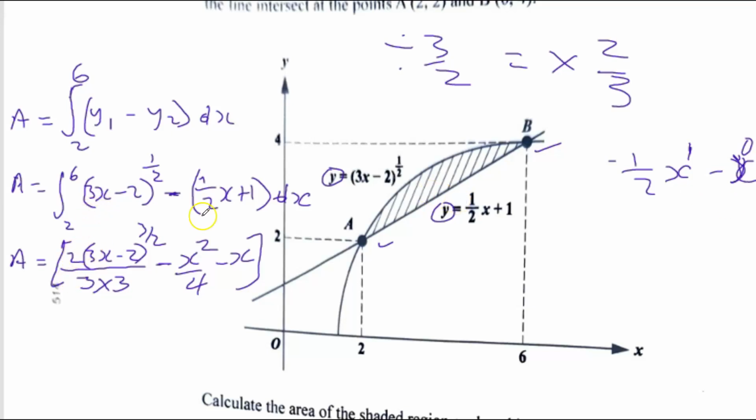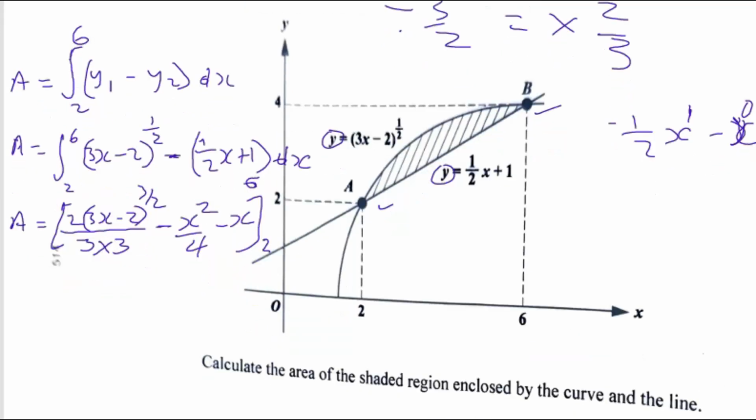And the limits are 2 and 6, larger value up here. So we're now going to formulate 2 brackets. In the first bracket, we're going to replace x with 6. In the second bracket, we're going to replace x with 2. In the first bracket, the denominator here will be 9, 3 times 3.